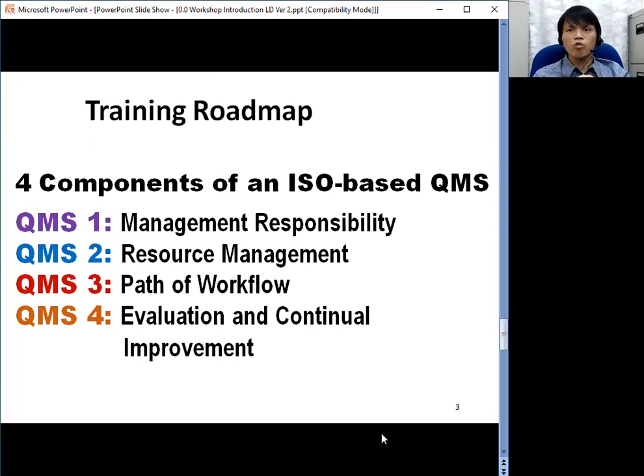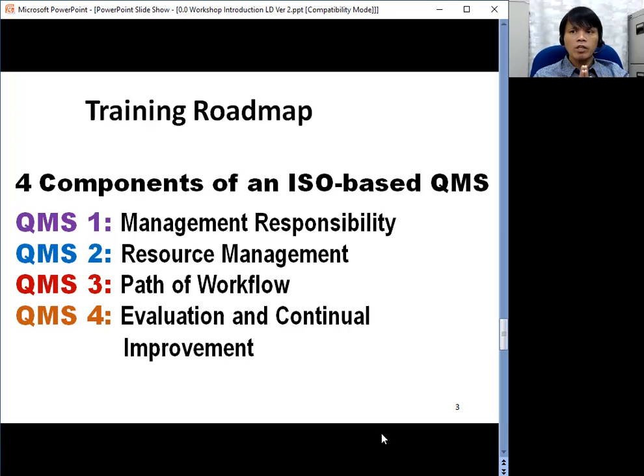Okay, the training roadmap. The workshop is subdivided into four sections, QMS 1, 2, 3, and 4. And these are the four components also of an ISO-based quality management system. Now, QMS 1, management responsibility.